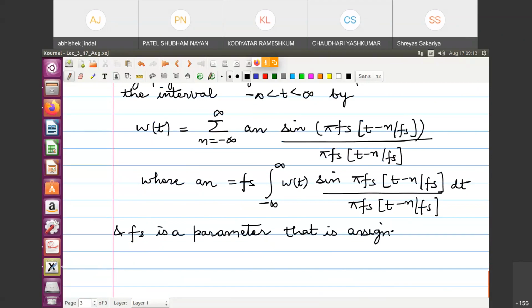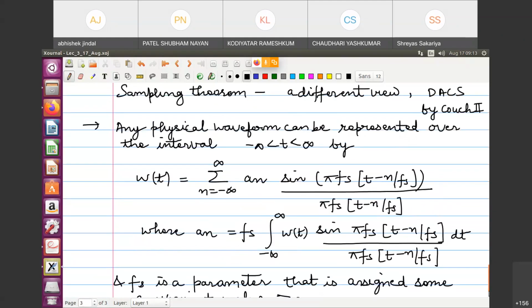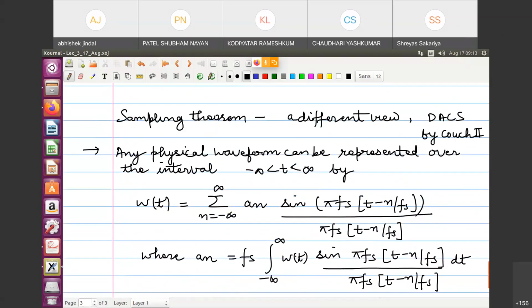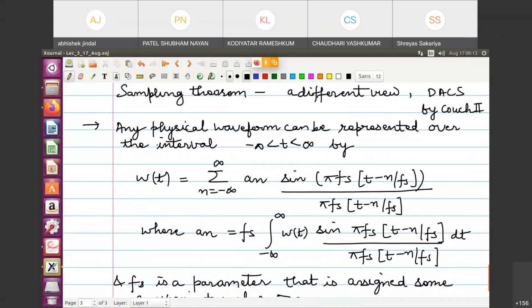that is assigned some convenient value greater than 0. I am exactly quoting the textbook. Right now we have not said anything about this f_s. We are saying that it is some value which is greater than 0. And in terms of this, we can write any physical waveform, which I have said several times what it means, over minus infinity to infinity via this series.